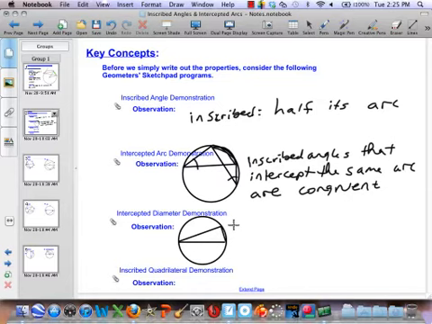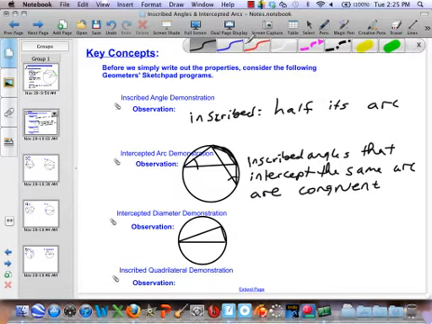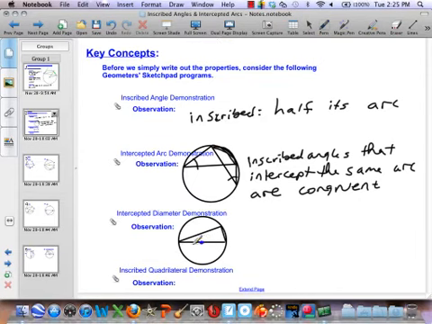Okay, now Mackenzie, I'm going to put you on the spot, so I need you to think for me. If this is my center, what is this angle right here? It's a straight line. How many degrees in a straight line? Yes, very good.